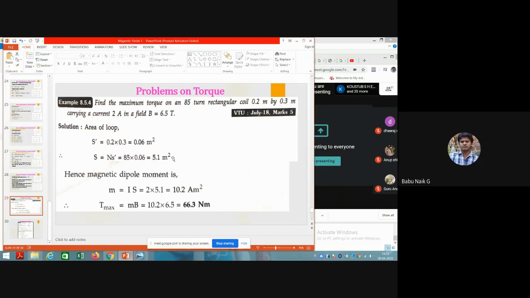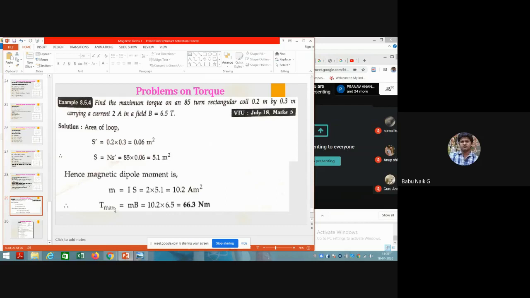Once you calculate that area for the 85-turn rectangular coil, you can calculate the dipole moment, with notation m, from the current and the surface area of the coil, I into S. The current flowing through the rectangular coil is 2 ampere, and the area is 5.1, which gives 10.2 ampere meter square.